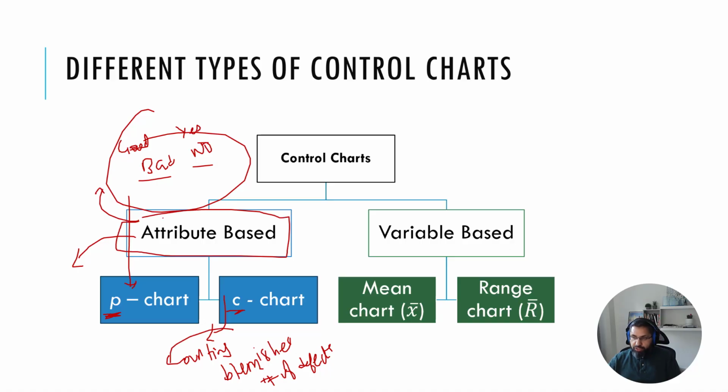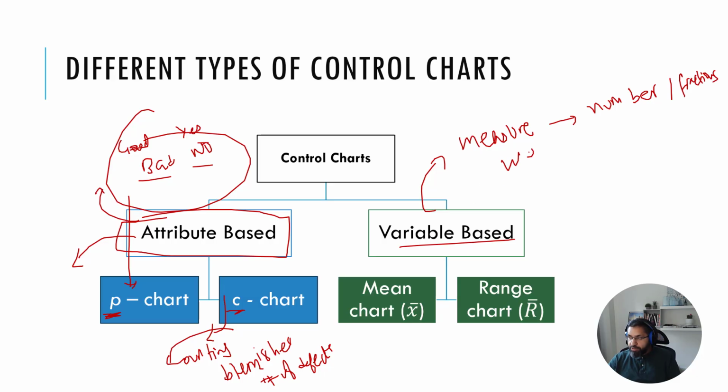They're called attribute based because you're judging the whole unit as being good or bad, or you're counting the defects in the whole unit. And then we have variable based control charts, which look at some measure which is a number, and which could have fractions to it as well. It's not a count, it's going to be something like weight. You want the weight to be a certain amount, so what is the weight? It could be 2.1 pounds, 1.7 pounds, 500 grams, 350.34 grams.